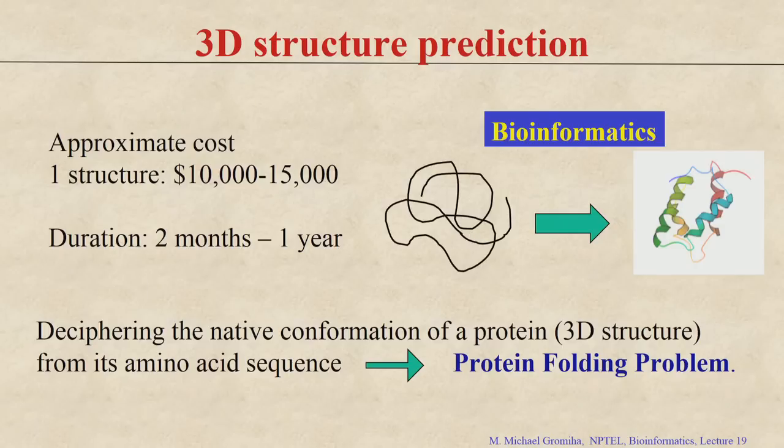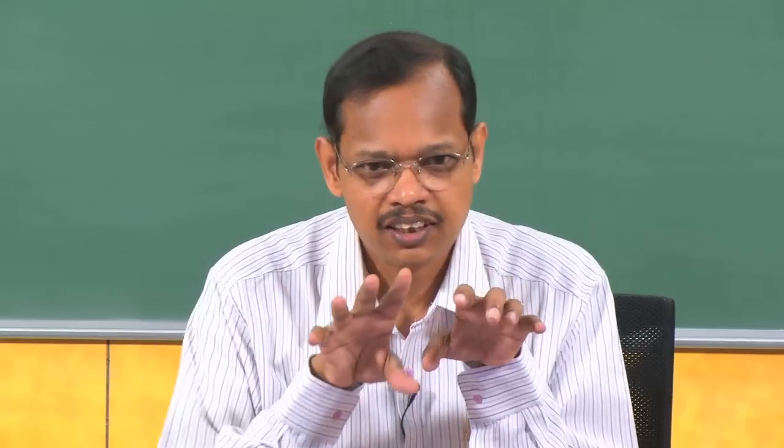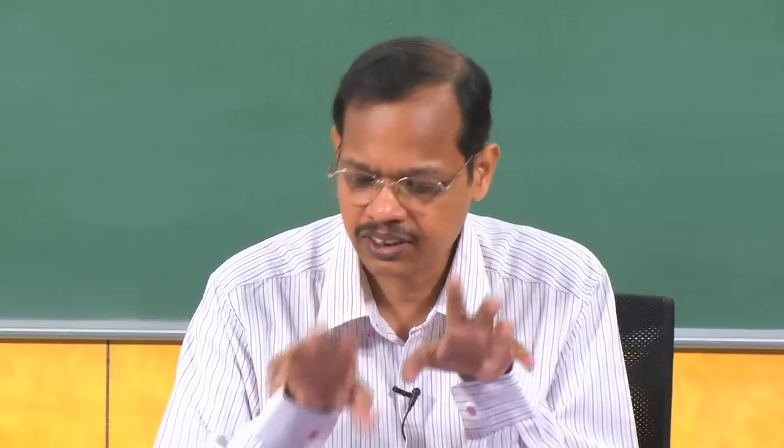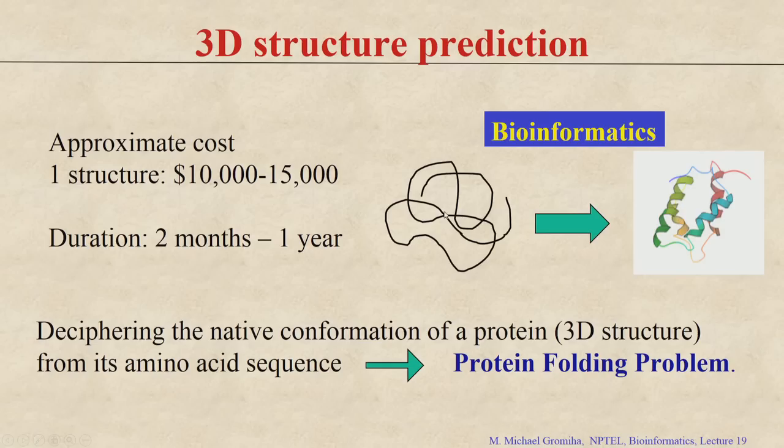Deciphering the native conformation of the protein from the amino acid sequence is called the protein folding problem. In 1963, Anfinsen stated that the amino acid sequence contains the information regarding the structure, so it may be possible to get the 3D structure from just the amino acid sequence. So what is the protein folding problem? It is getting the 3D structure of a protein from just its amino acid sequence.